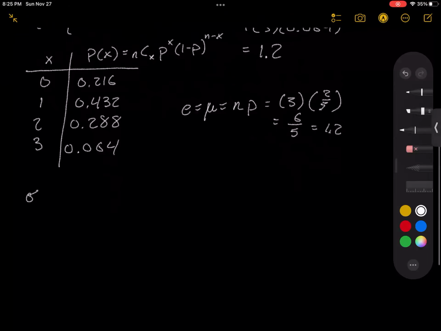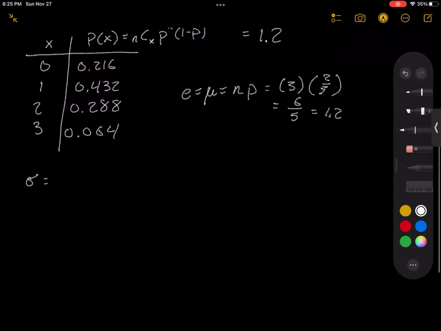All right, now to find the standard deviation. So for the standard deviation, I need this distribution. It is the square root of the sum of the squared differences between each event and the expected value, or the average. And I weight each one of these squared differences with the probability of that event occurring.